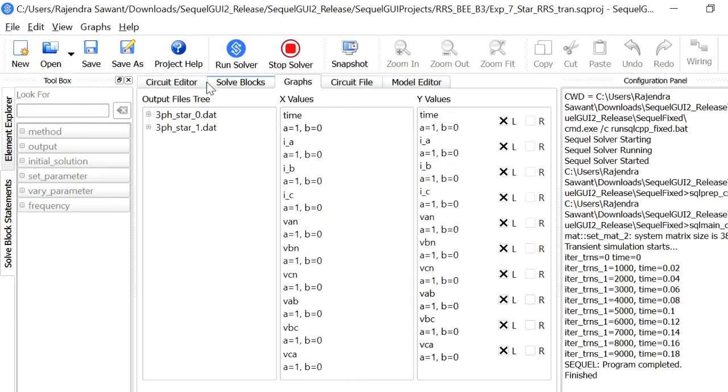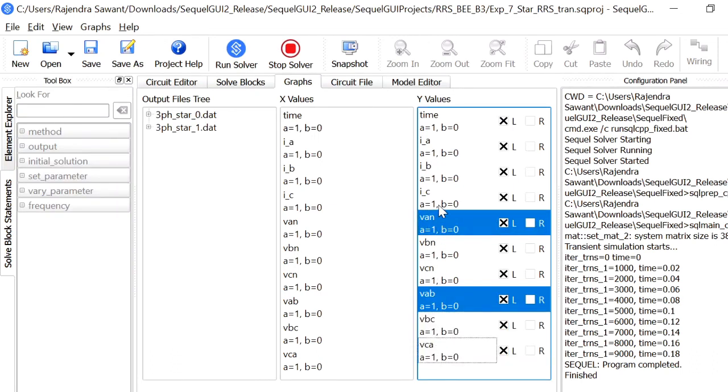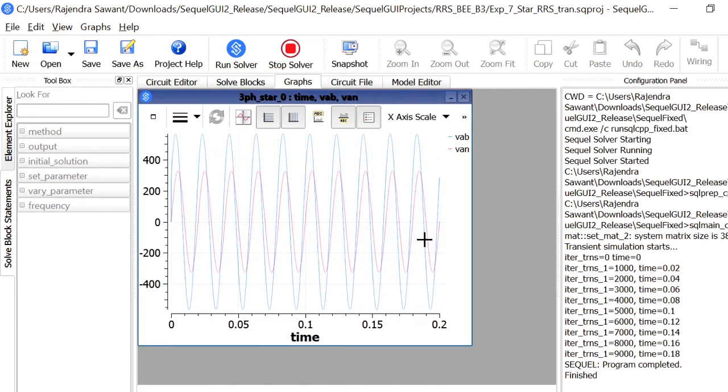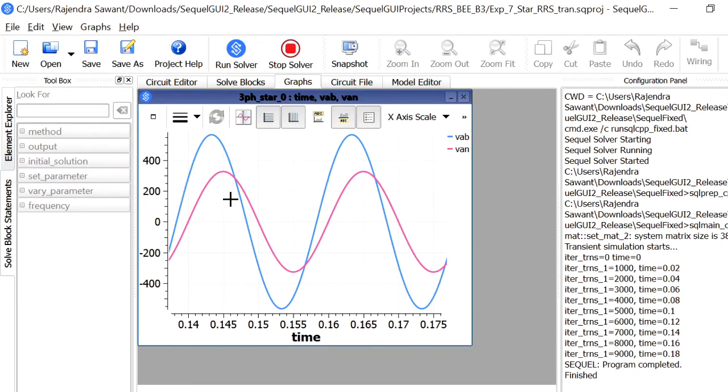Another point to see is how we relate the phase voltage and the line voltage. This is a clear difference between them. Here you can observe in this graph that the red graph is VAN and the blue graph is the corresponding line voltage, VAB.